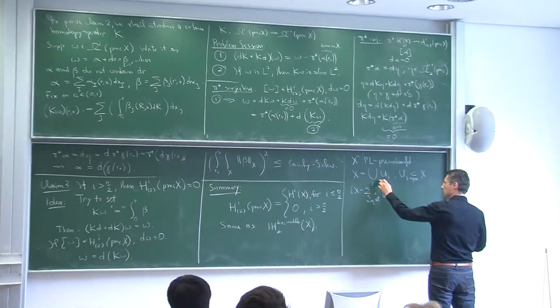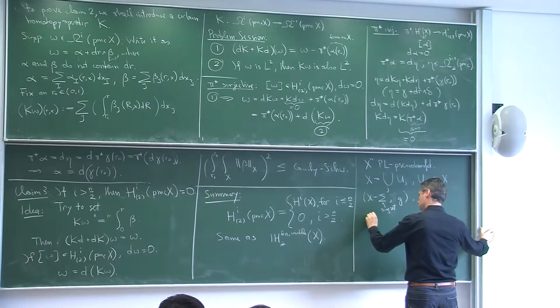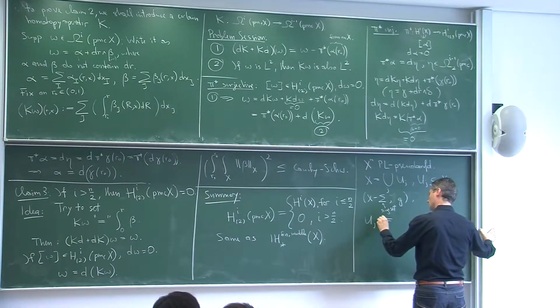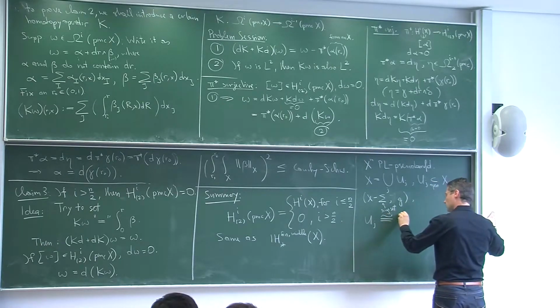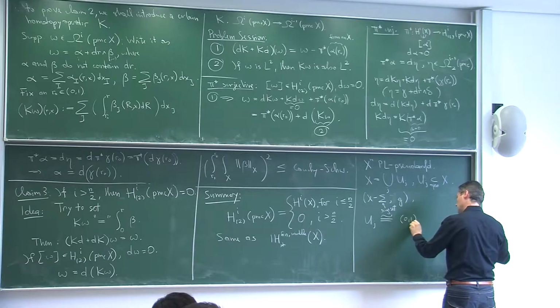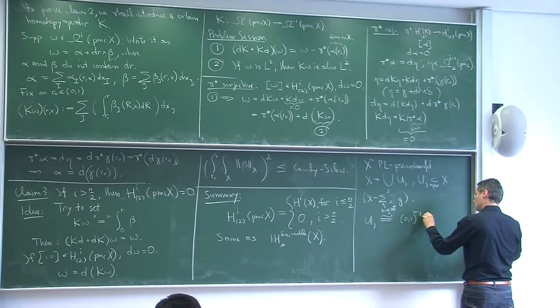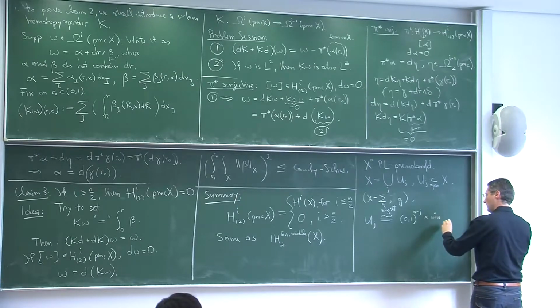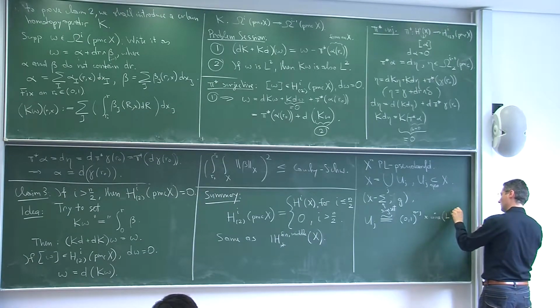We want to assume so that X can be written as a union of Uj, and the Uj are, and I'll say in a second what the symbol here means, they should look like (0,1)^(n-j) cross an open cone on links, right, as usual, of dimension j minus 1.